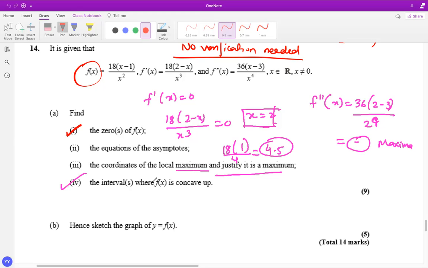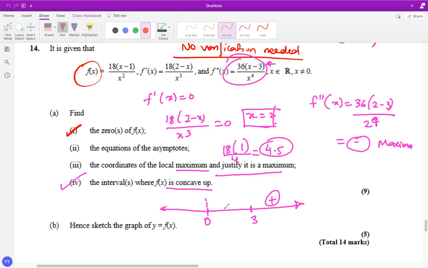Now, to find where the function is concave up, for concave up or down you draw the sign diagram for the double derivative. Here I take 0 as the vertical asymptote of the double derivative, and 3 as the second critical point, because the numerator changes sign about 3. Take a value higher than 3, it's positive.